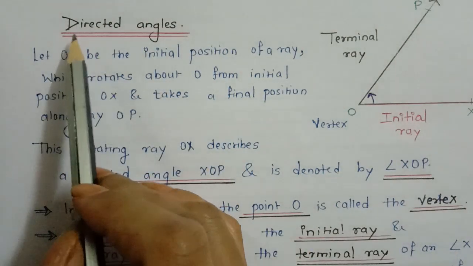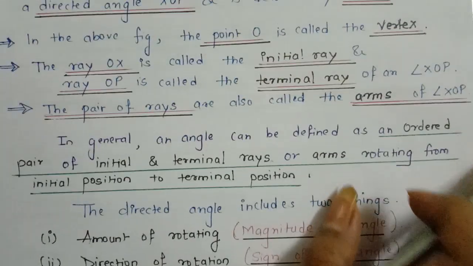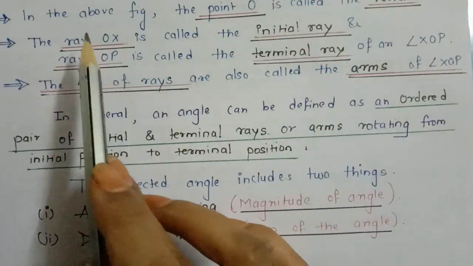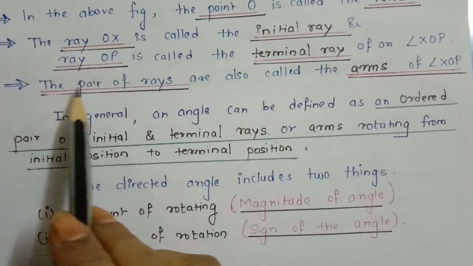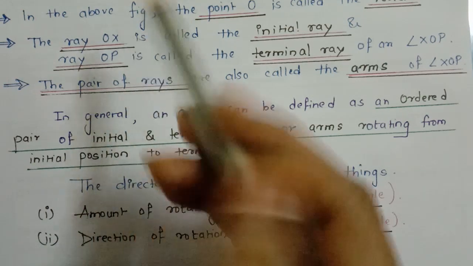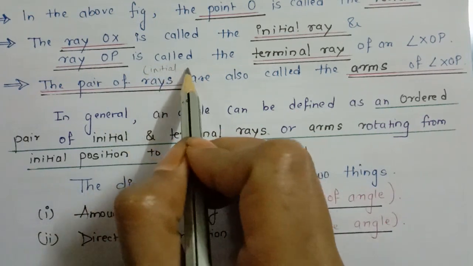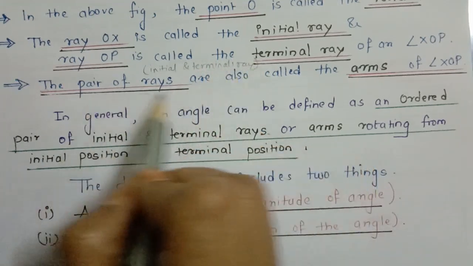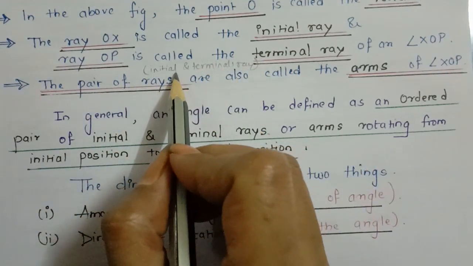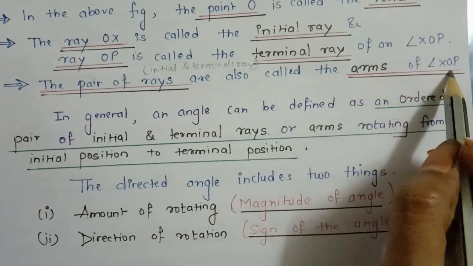So these are my handwritten notes. We have done with what is directed angle. Point O is the vertex, ray OX is the initial ray, ray OP is the terminal ray. Now look here, the pair of rays, that is nothing but the initial and terminal rays, are also called the arms of angle XOP.